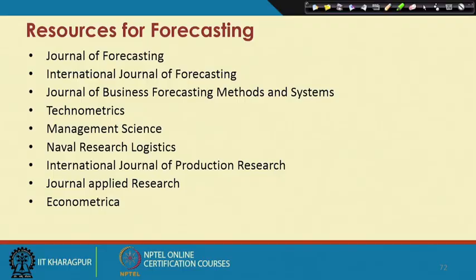Some of the cited journals are Journal of Forecasting, International Journal of Forecasting, Journal of Business Forecasting Methods and Systems, Econometrics, Management Science, Naval Research Logistics, International Journal of Production Research, and Journal of Applied Econometrics. These are the classic journals. You will find plenty of research materials about how to do better forecasting as per the particular engineering problem's requirement.